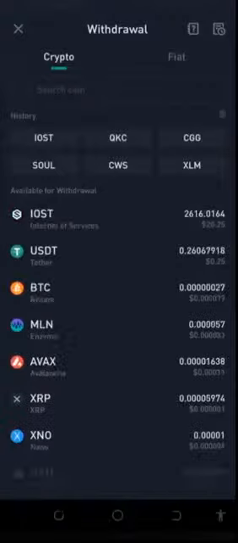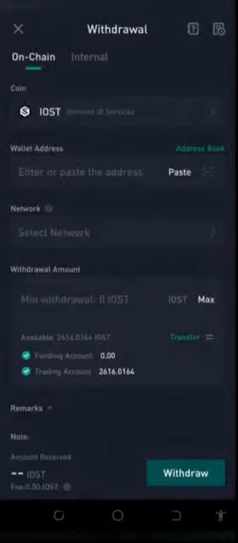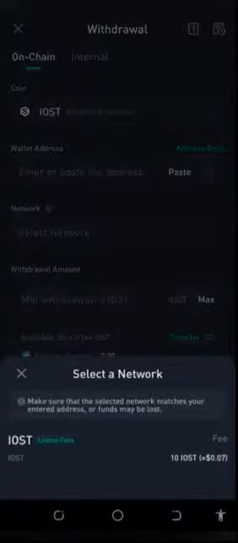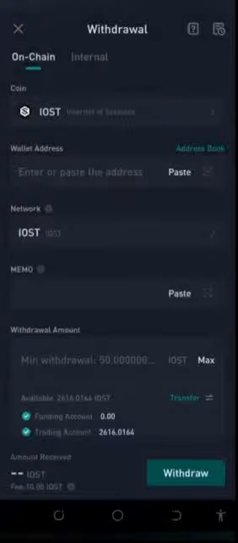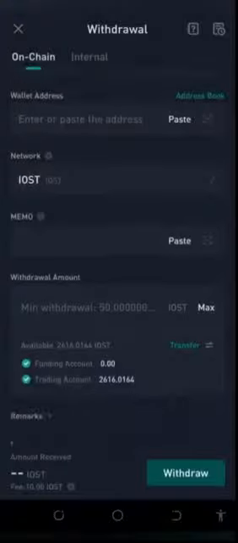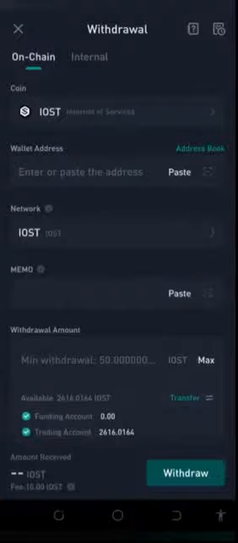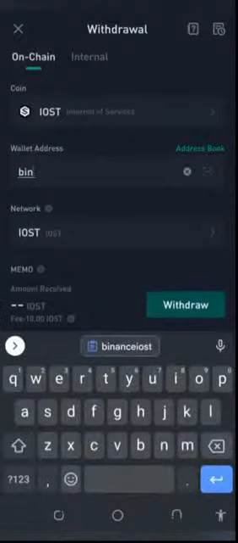Okay. So we're withdrawing that quickly. And the network is IOST. Yes, IOST. Correct. Where's the address? Okay, so I was looking for the address. That's it. Sorry, I think I copied the wrong thing.